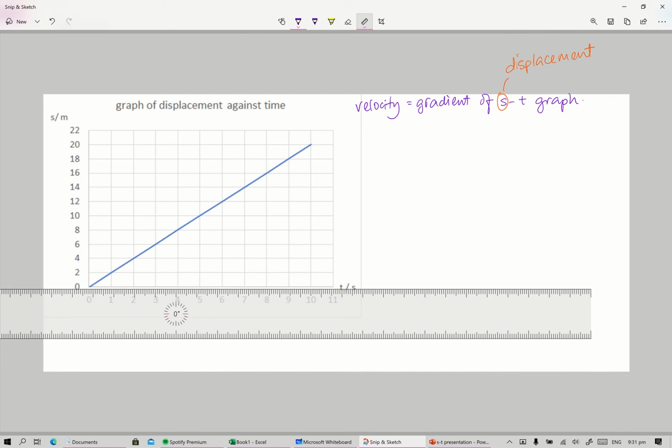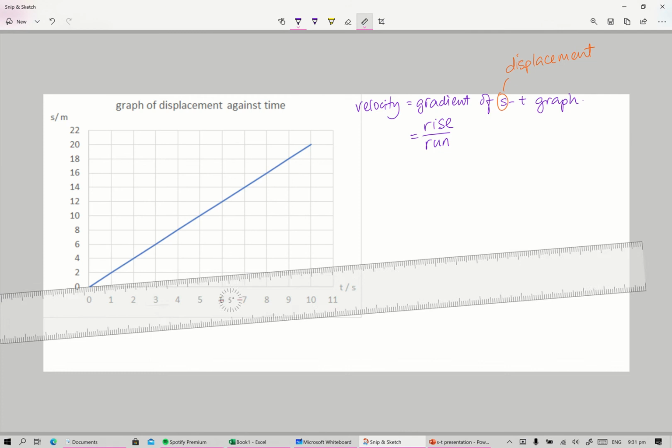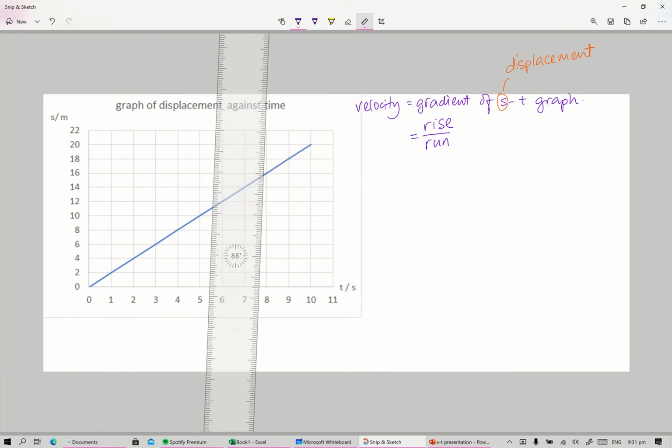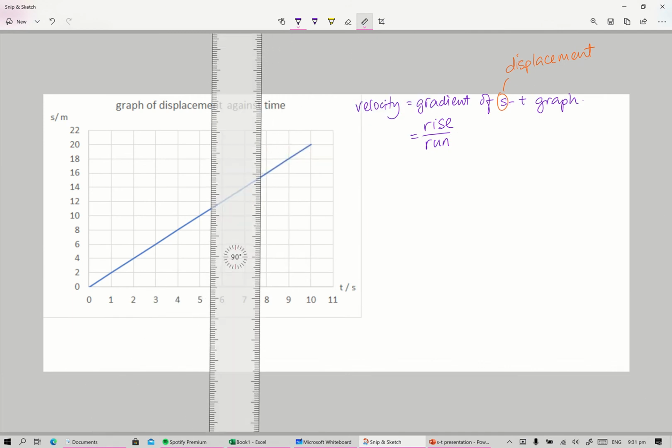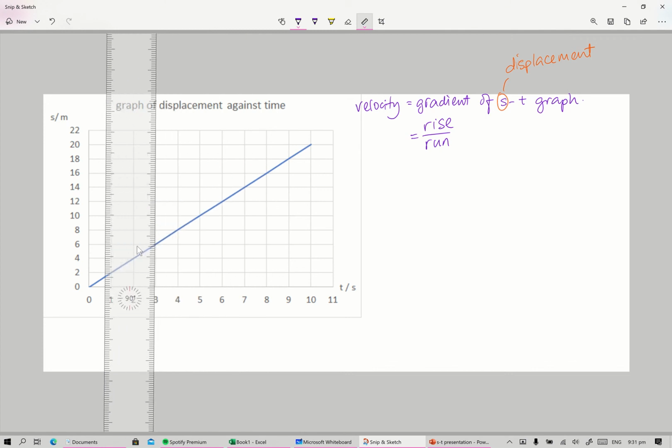Now, how do you get the gradient? You're familiar with this idea of rise over run in your lower secondary maths. So how do we get a rise over run? Let's pick two coordinates. Alright, let's randomly pick two coordinates.